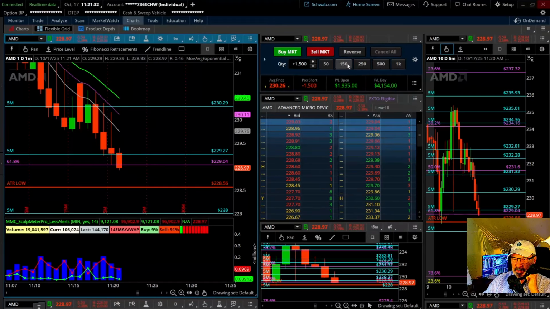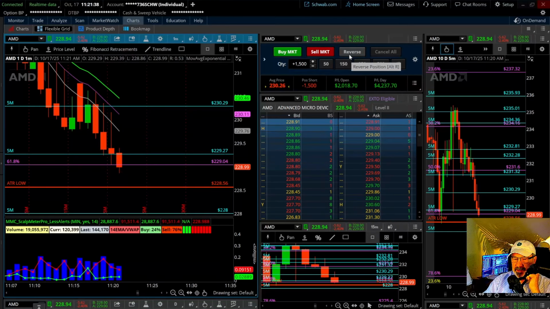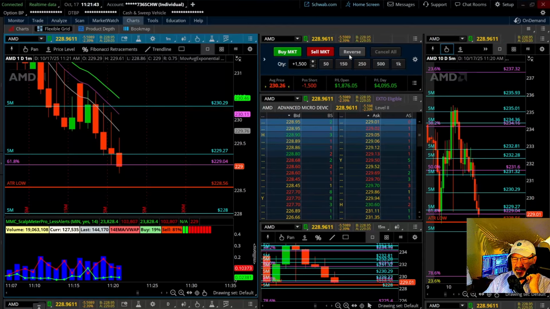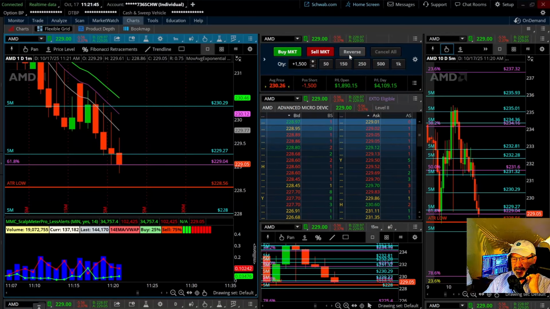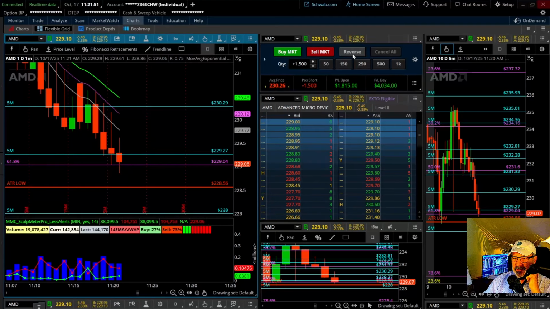A lot of people respect the fibs. A lot of people mark them exactly the same way. It broke it, and big time too. So I'm looking for the ATR. I mean, it was like 15 cents at one point on that fib. So I'm looking at the ATR level, guys, 228.50, right around there, to bank it and see.